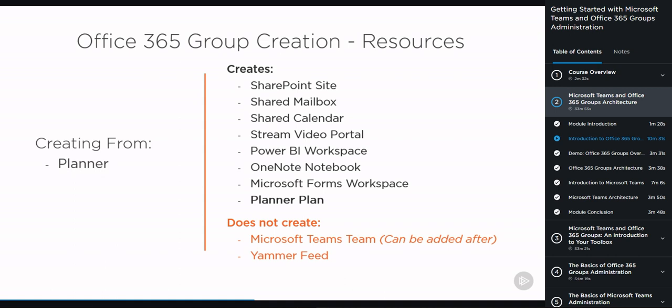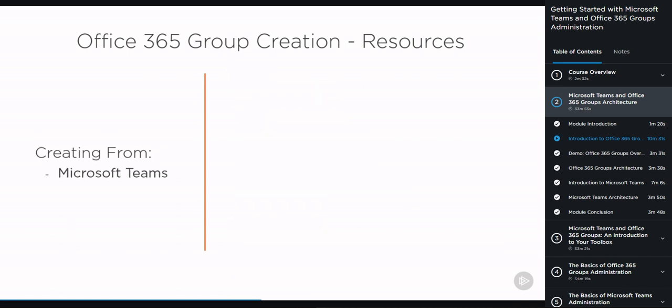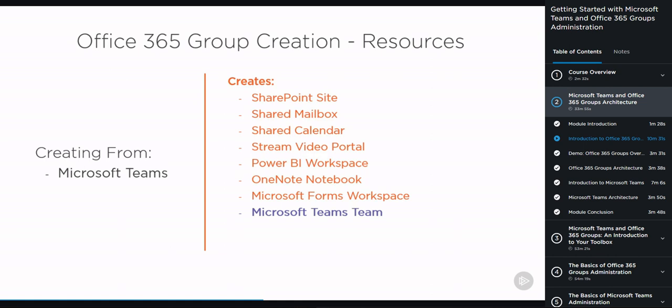Next up, creating it from Microsoft Teams will have the same core elements, but it will have the Microsoft Teams theme automatically provisioned, but the Planner plan is not automatically created, but can be added after, and there is no Yammer feed.